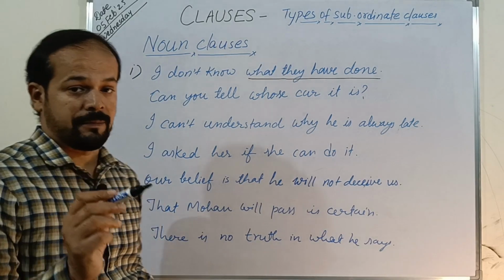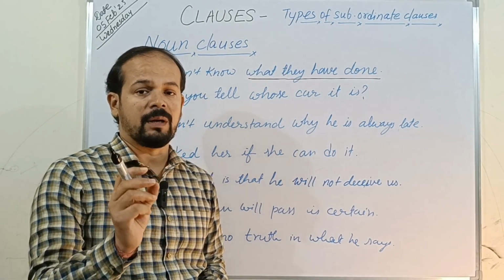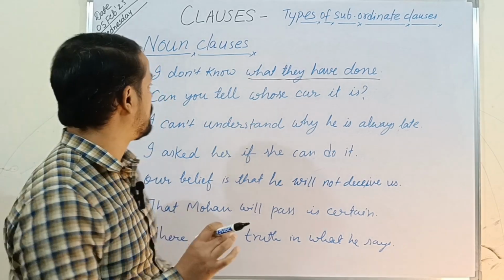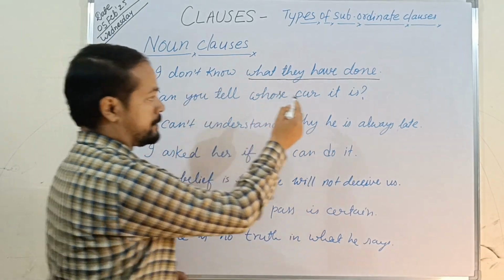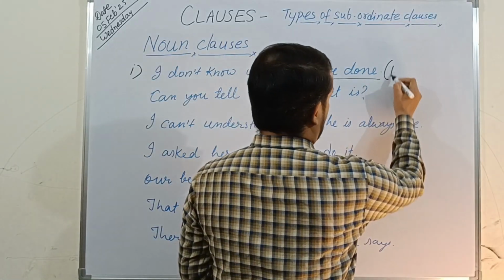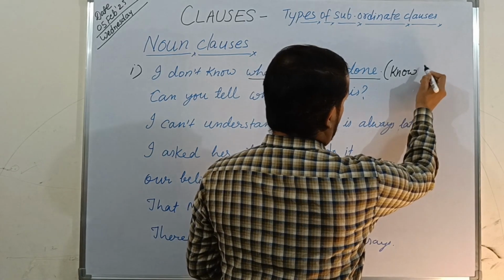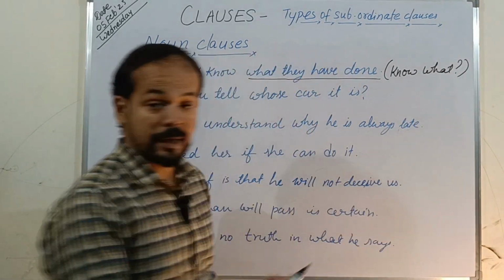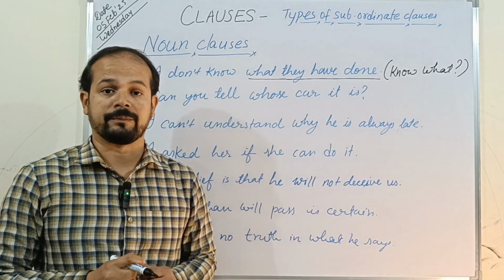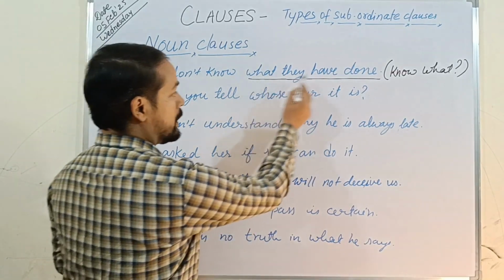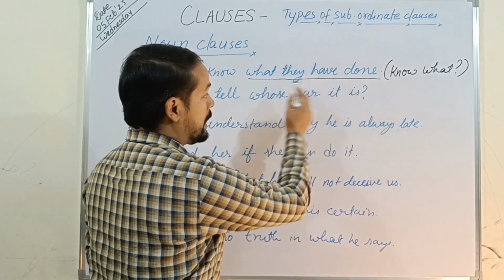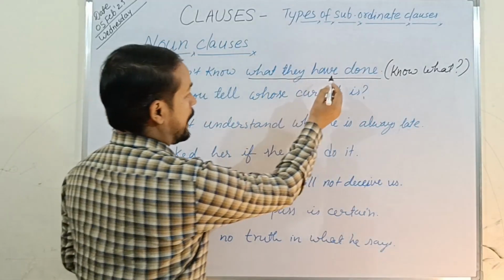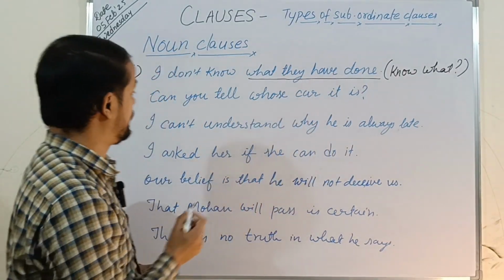If we ask ourselves a simple basic question, "know what," I put it in the bracket here, that means it is looking for a noun. So this group of words, which is a subordinate clause, is working as a noun. So it's a noun clause that I've just underlined.